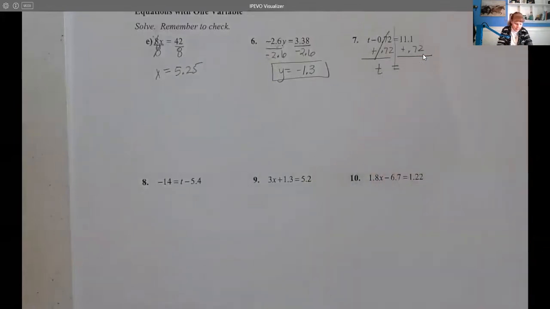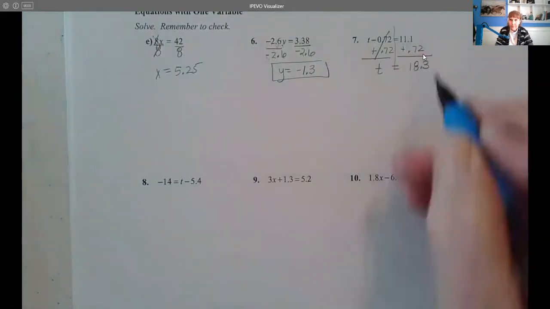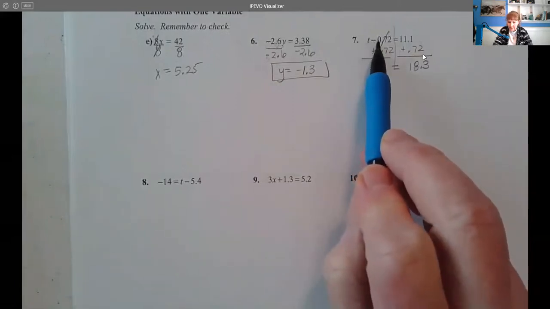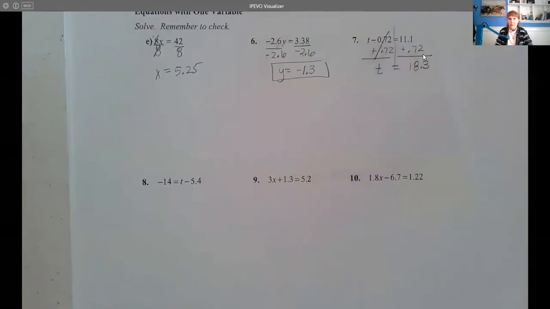And then you can just take 11.1 and add 7.2, and you come up with 18.3. So 18.3 subtract 0.72, you will get 11.1.